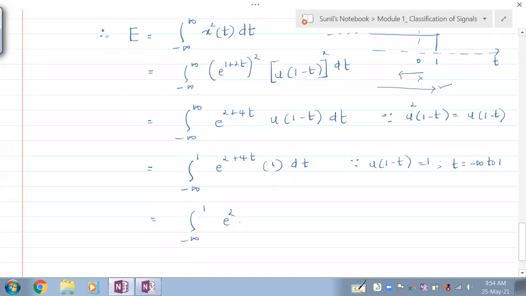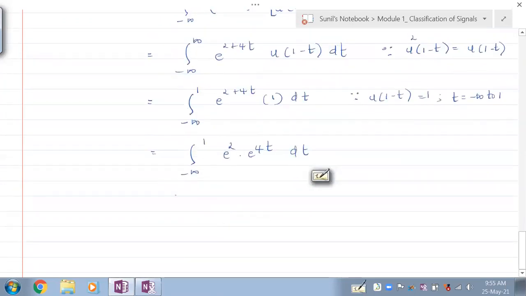It's e power 2 into e power 4t. The one which is a function of t is a signal, and this is a scalar. Keep the scalar out of the integration and integrate the signal. So that would be e power 4t by 4, and apply the limits of integration like this.